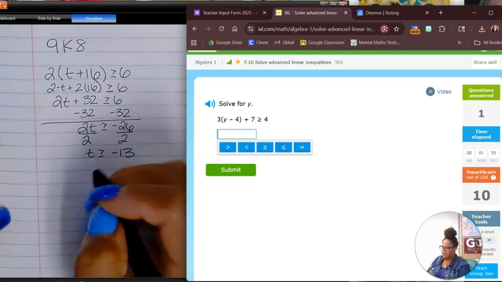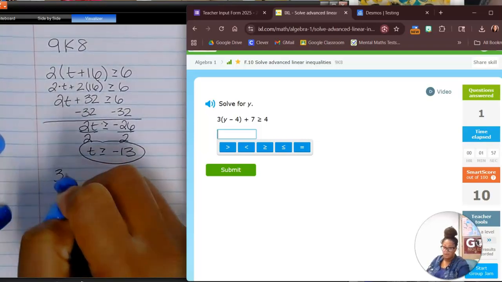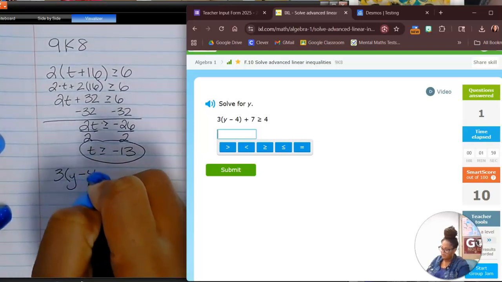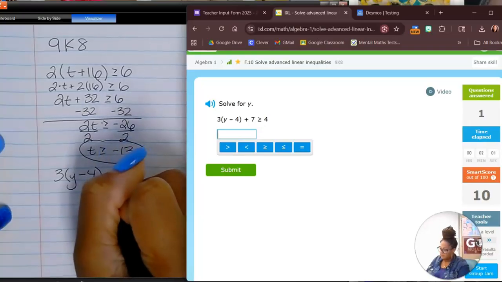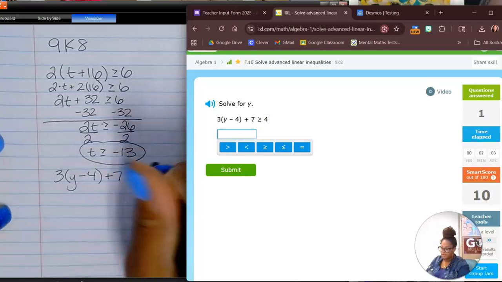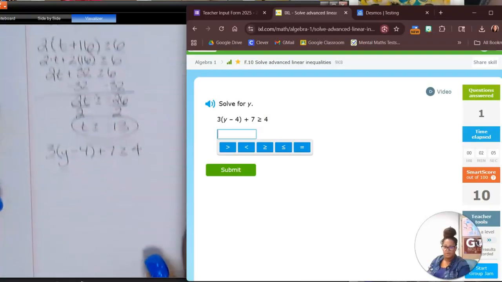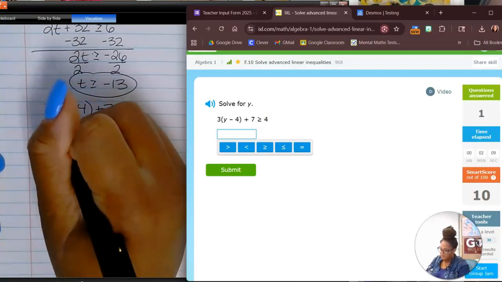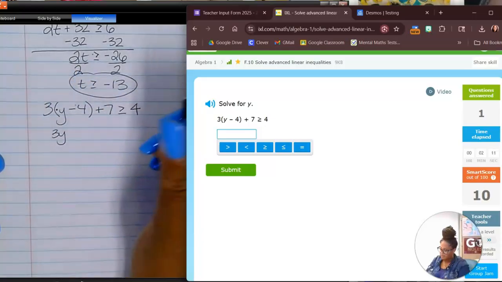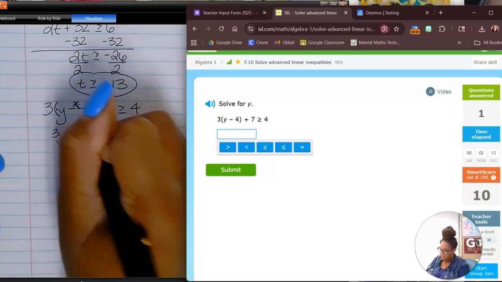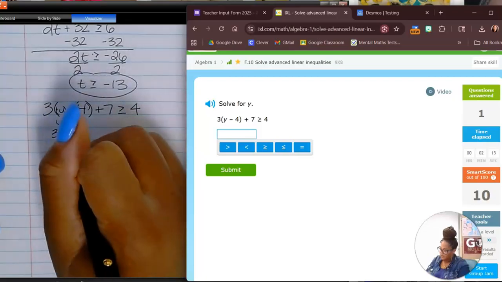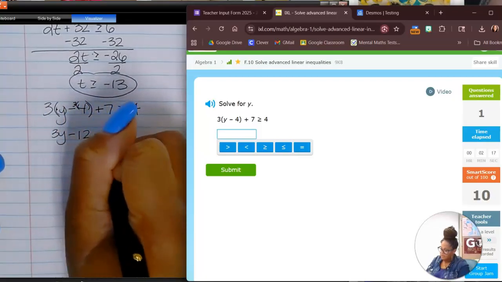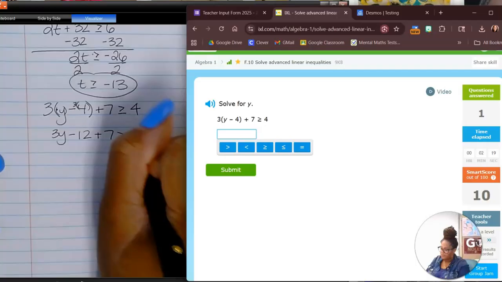All right, now this says 3 times y minus 4 plus 7 is greater than or equal to 4. So we'll distribute 3y, because this is 3 times y and 3 times 4. So 3y minus 12 plus 7 is greater than or equal to 4.